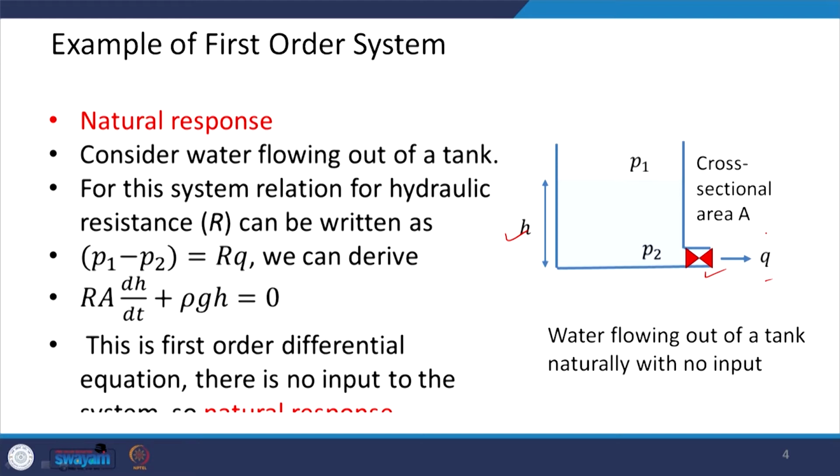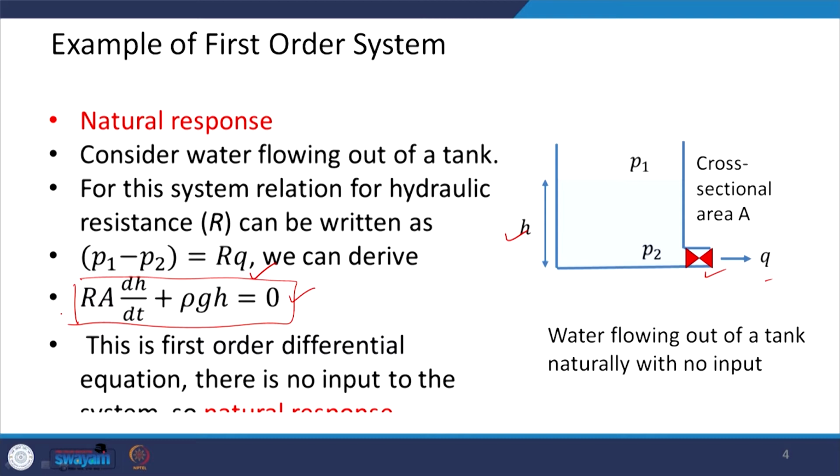So, we can write the expression for flow through the valve as we have derived in the previous lecture, and the equation will be P1 minus P2 is equal to RQ, and this can be written in this particular form. So, this is our first order differential equation.